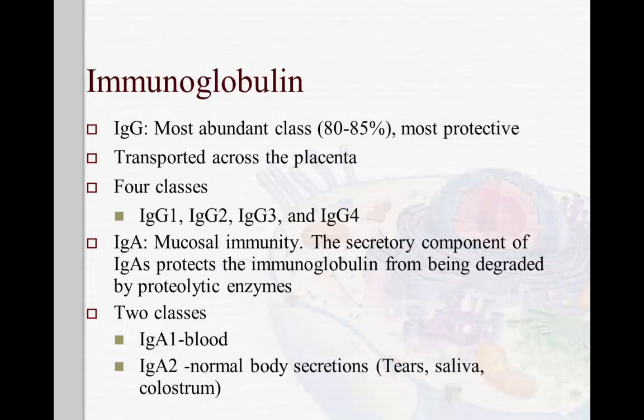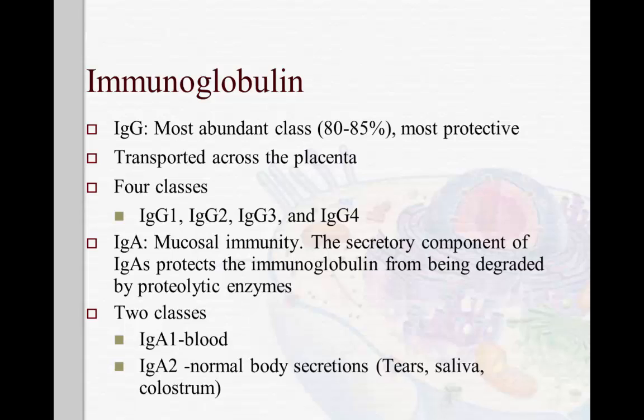So again, it is present on the surface of mucous membranes, for example, the nose, the eyes, the lungs, the digestive tract. IgA is present in the bloodstream, in secretions produced by mucous membranes, and in colostrum as well. So the fluid produced by the breast during the first few days after delivery and before breast milk is produced is mediated by IgA.